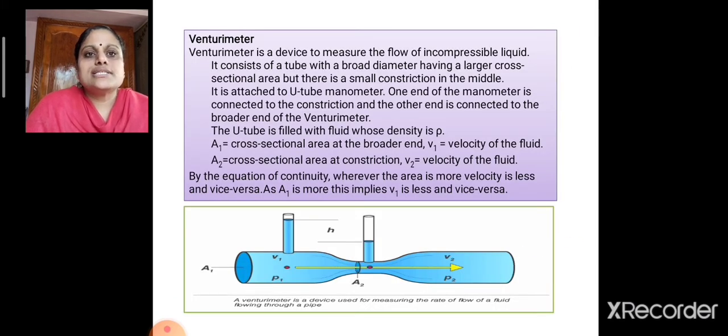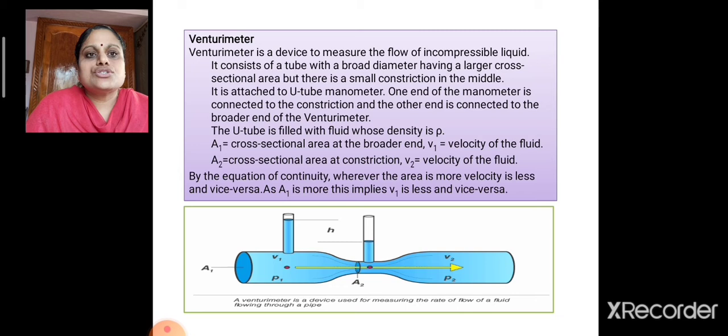Now coming to the second application of Bernoulli's theorem, we shall explain the venturimeter. Venturimeter is a device to measure the flow of incompressible liquid. It consists of a tube with broad diameter having a larger cross-sectional area, but there is a small constriction in the middle.